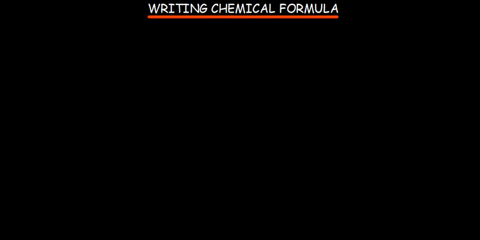Now there are some other compounds you need to know the valency for, because you can't get it from the periodic table. Where do you know the valency from? These ones are known as radicals. Radicals are a group of atoms which have the same valency.